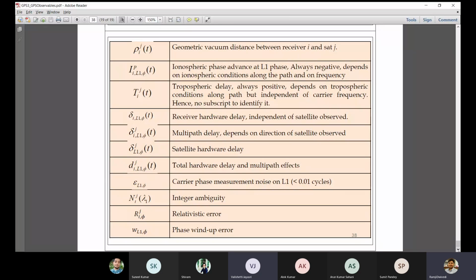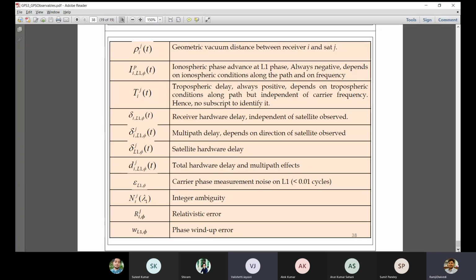Now, for those who are a little confused about why we are explaining two equations: one is the code pseudo range equation, where with the help of the code which is modulated on the carrier we are computing the range. And another is the phase term, because once you demodulate the code you have the carrier which your receiver reconstructed, and it tries to measure the phase difference between the incoming signal and the signal generated inside the receiver. So you can use the carrier phase also as an observable. This second part of the equation is part of the carrier phase observable.